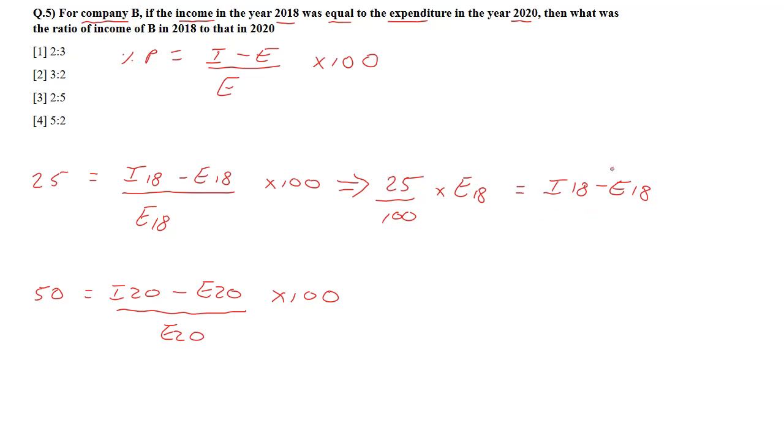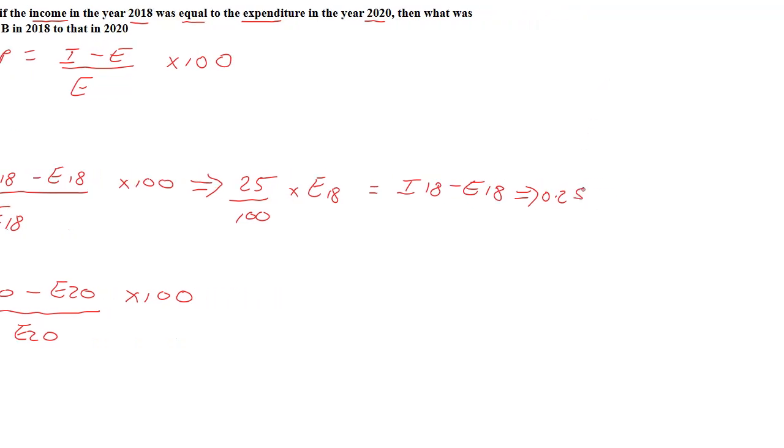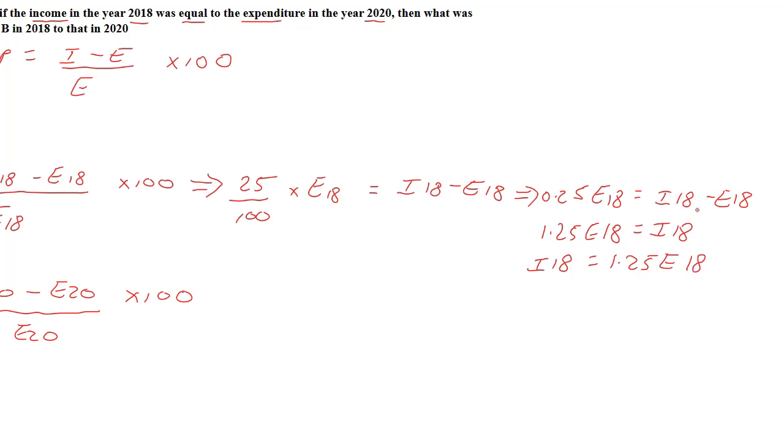We can simplify this further, saying that 0.25 E18 is equal to I18 minus E18. Now this E18 over here is subtraction, so it becomes addition. So it'll be 1.25 E18 is equal to I18. Or in other words, the income in 2018 is equal to 1.25 times the expenditure in 2018.